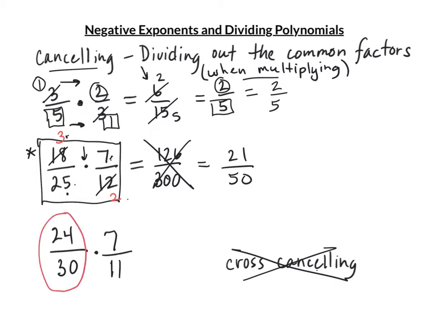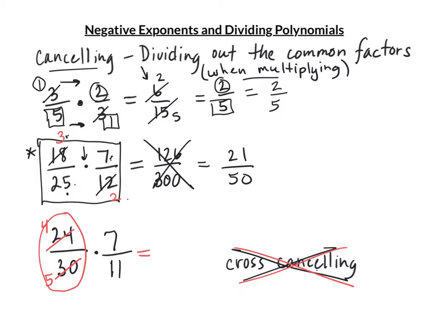We're reducing that fraction, putting it in simplest form. Common factor above and below, they don't need to be diagonal. It's just canceling. Divide by 6, the greatest common factor, I believe. 6 is the greatest number that divides into 24 and 30. 24 divided by 6 is 4, and 30 divided by 6 is 5.